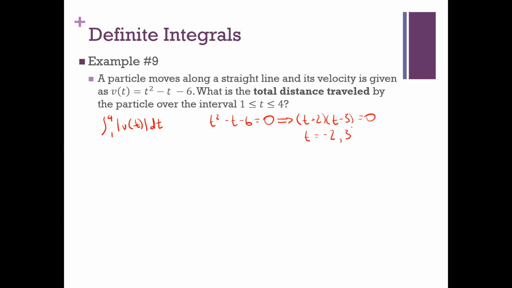Do I care about both of those? I just care about 3. So I know that when time is equal to 3, the velocity is equal to 0. So does that help me? Can I rewrite this integral in some way that I can actually compute it?